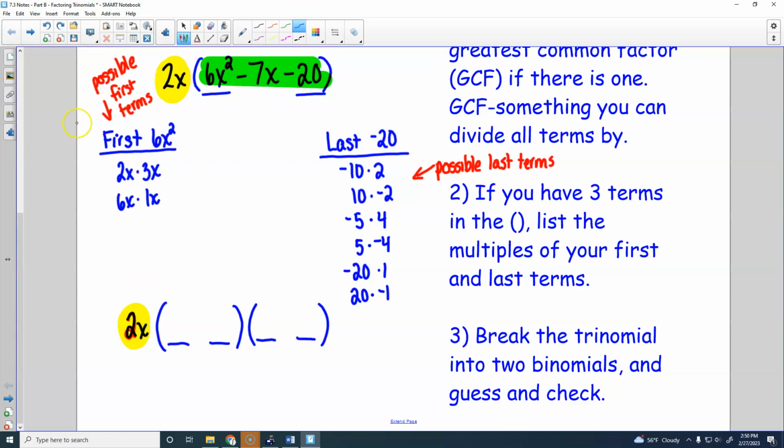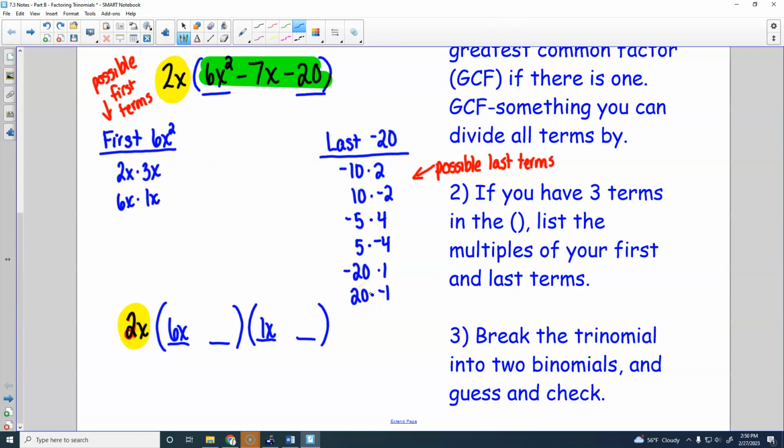So for our first terms, I could either use 2x and 3x, or I could use 6x and 1x. I've just got to pick one. Isabella says she wants to do 6x and 1x, so we're going to try it. It might not work. We're just guessing and checking. And then my possible last terms are over here. I've got a bunch of possibilities for it.